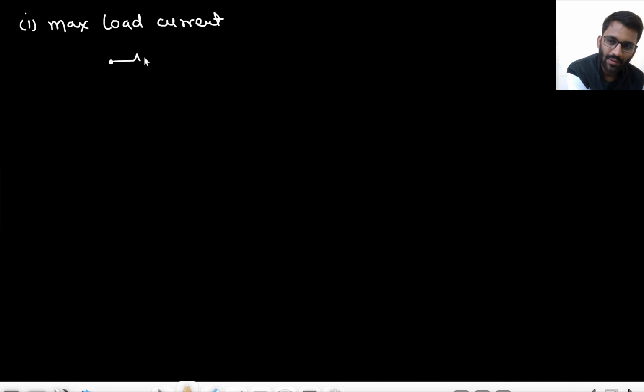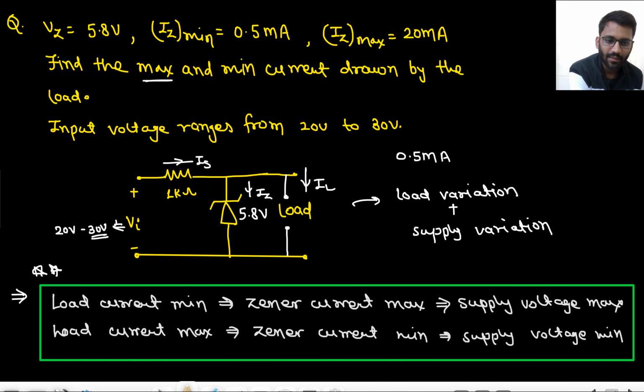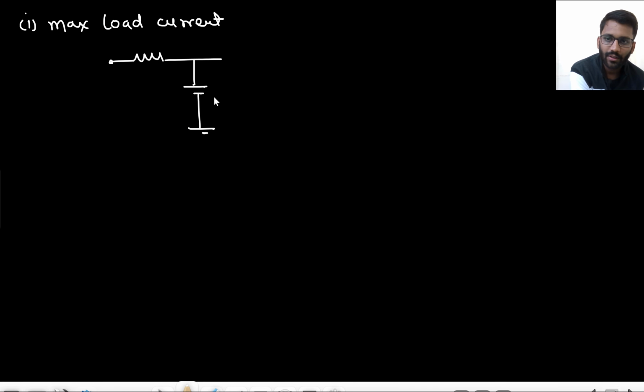Okay, so first is the maximum load current. Maximum load current you need. So what the student will do, this is the resistance, this they will make the battery is of 5.8 volt, better make it like this, and there is this load is there.